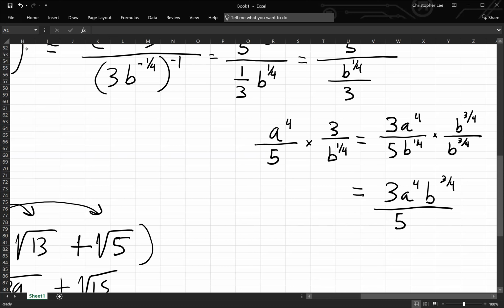Remember, we add the powers whenever we're multiplying them. So this should become b to the 4 over 4, or just b to the 1. And then that would be the answer. Yeah, because 4 over 4 would be 1. So like that, that would be the answer for it.